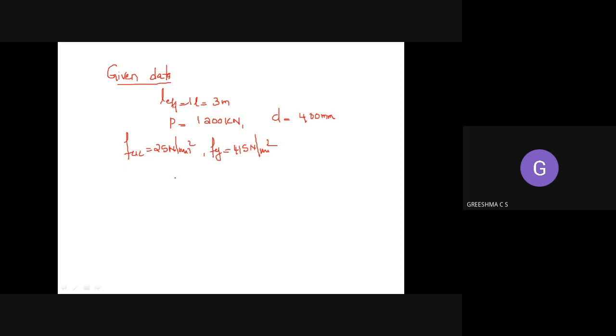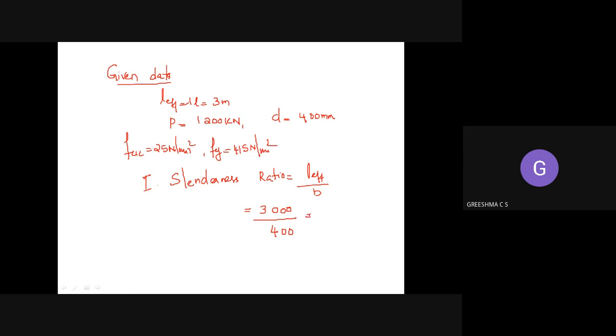Okay, so step number one, how will you find out? That is by slenderness ratio. Step number one, slenderness ratio. The slenderness ratio is equal to L effective divided by least lateral dimension. Here the least lateral dimension is not there, we are having just a diameter. So L effective is equal to 3 meter, converting it into mm, 3000 mm divided by 400.